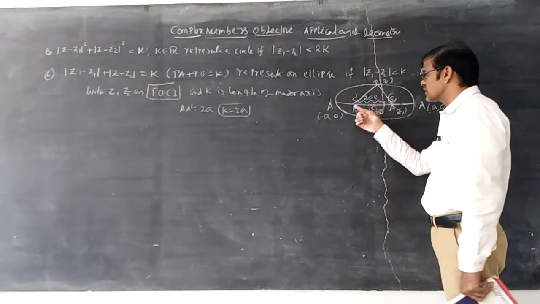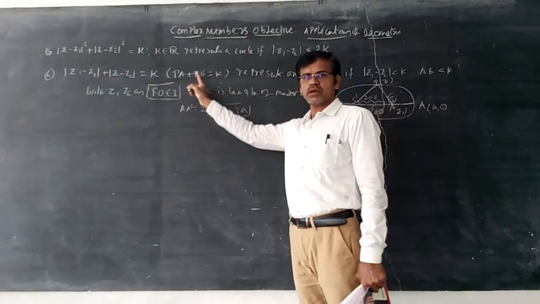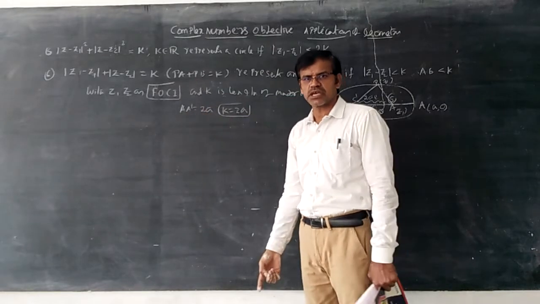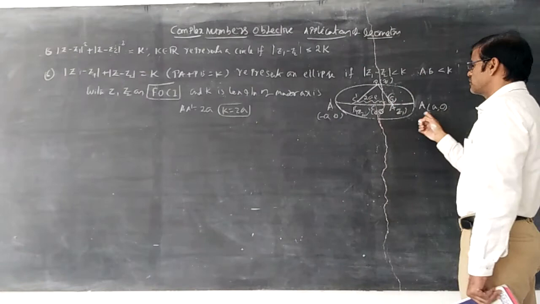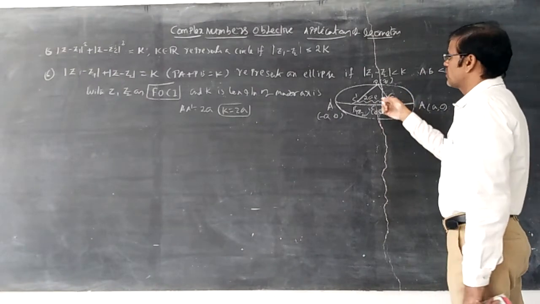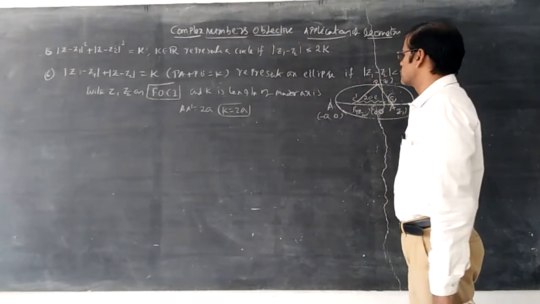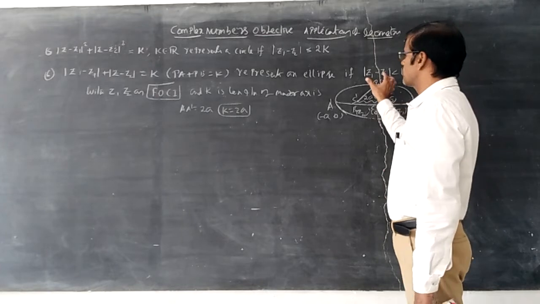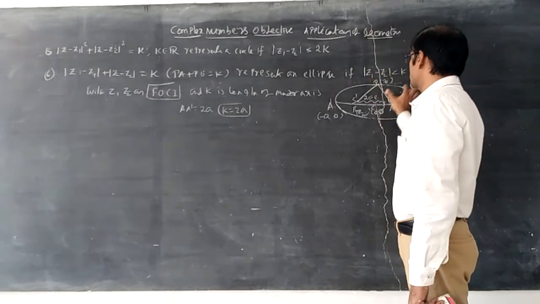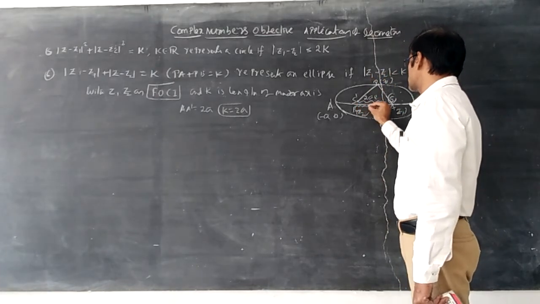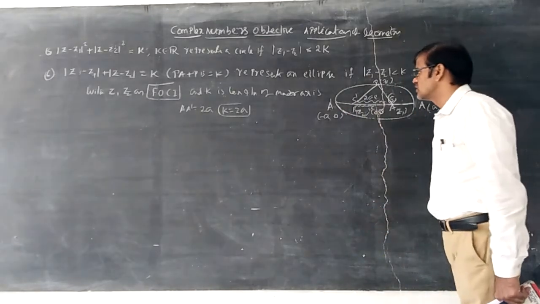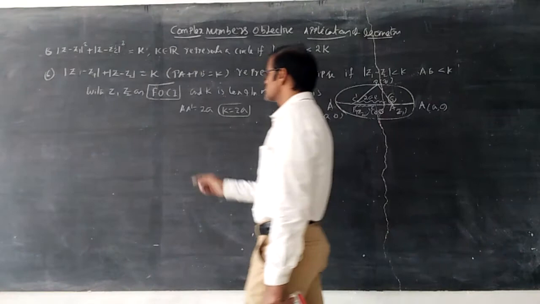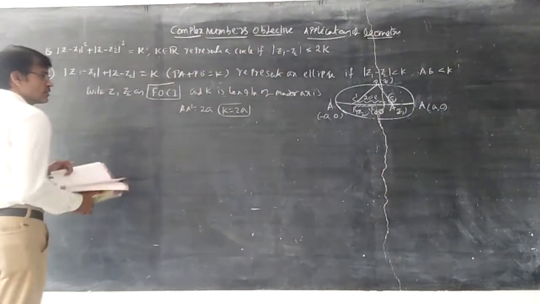PA plus PB is equal to constant k. That k should be lesser than this value. Wherever modulus of z1 minus z2 is less than k, that is, S S dash, focus to focus, lesser than A A dash, then you can say this is an ellipse.